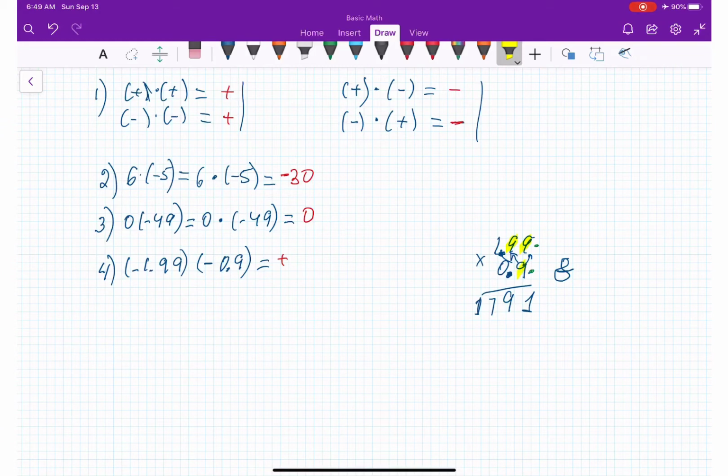So we are coming from here because we got 1791. Decimal is here. So to adjust the decimal notation, we have 3 decimals. So I'm coming back 3 decimals. 1, 2, 3. There we go. And my answer is 1.791.